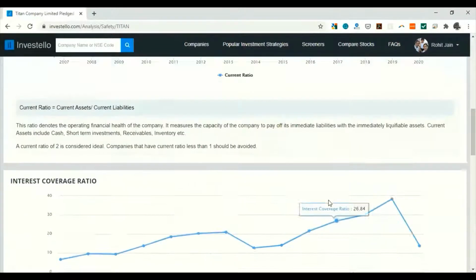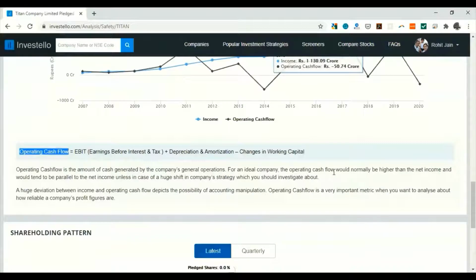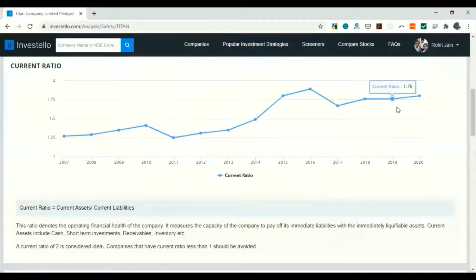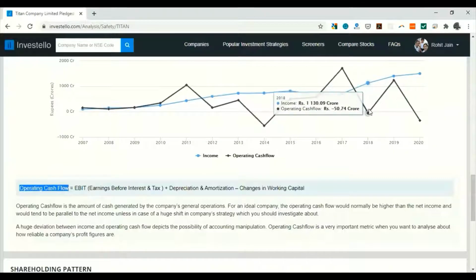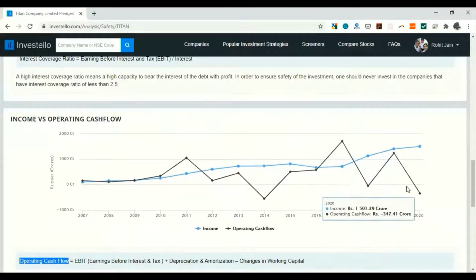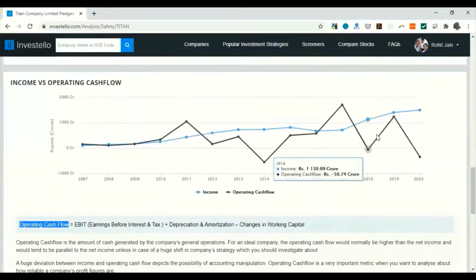So maybe that's why the current ratio has gone up a bit as well. Maybe the company has met its current liabilities, but in that case the current ratio should shoot up, which has not been the case. So it seems that the company has faced certain challenges with its operations in financial year 1920, which should be taken as a red flag.